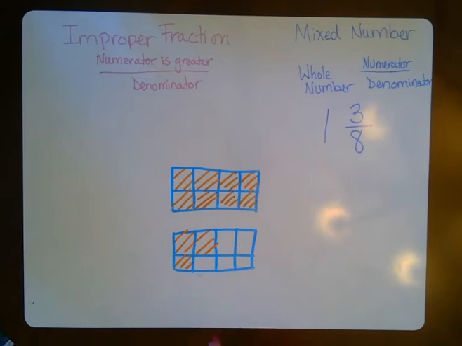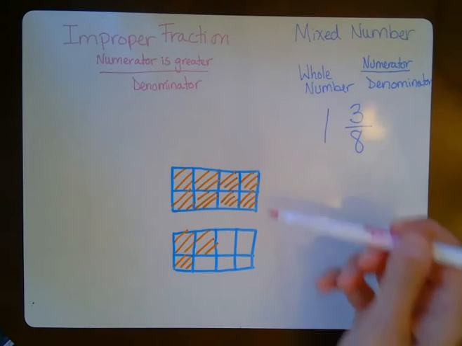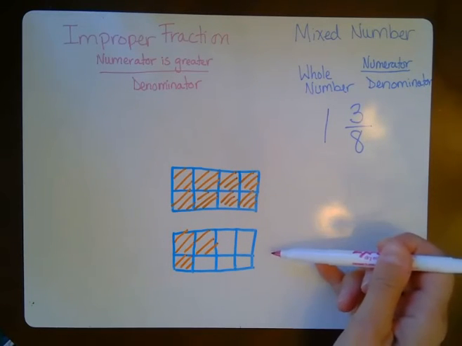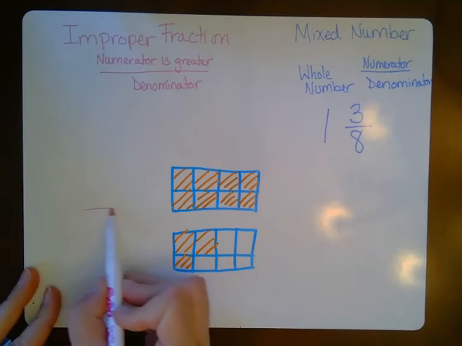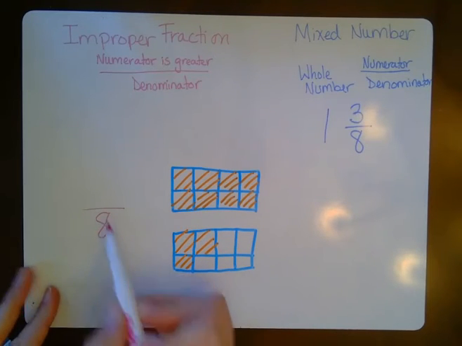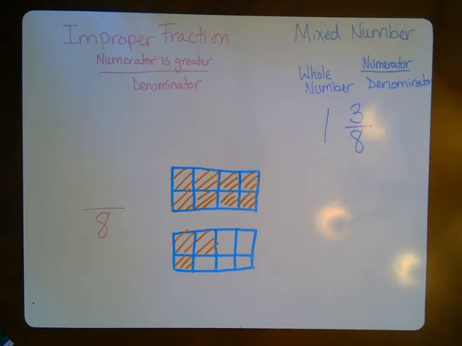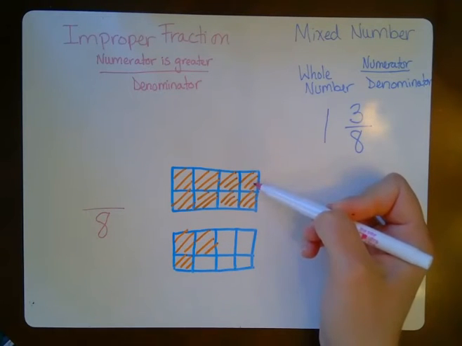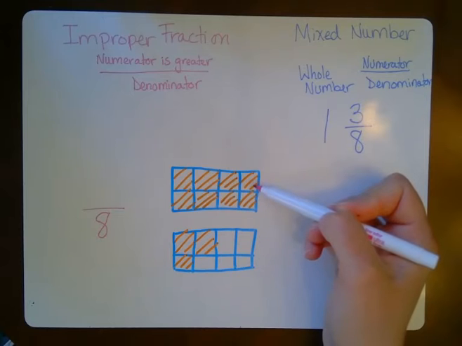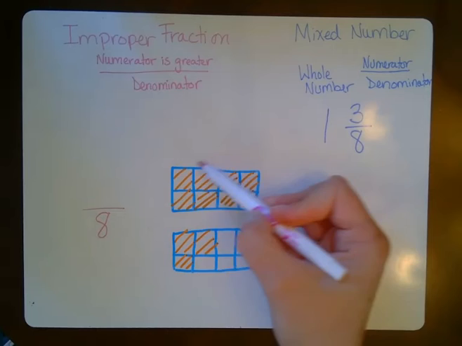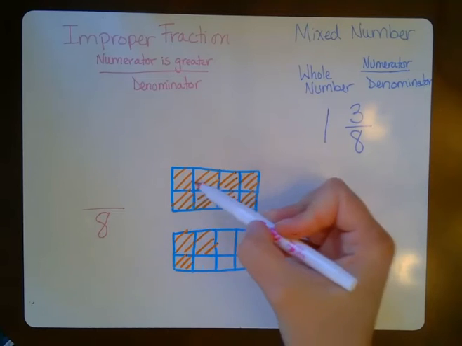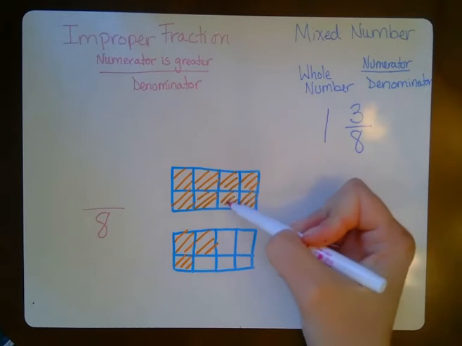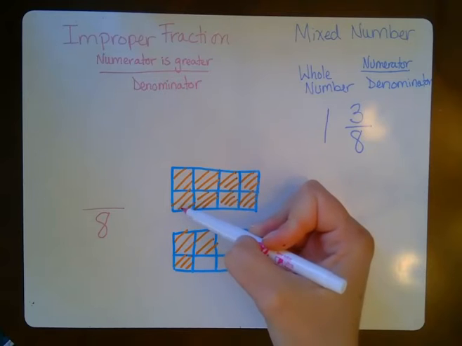Remember, for an improper fraction, your denominator does not change. Both of my models are models of 8s. So my denominator is going to remain as an 8. Instead of indicating that I have one whole model, I am going to count all of the individual shaded parts. So I know that if I have one complete model, there are 1, 2, 3, 4, 5, 6, 7, 8 parts shaded in.